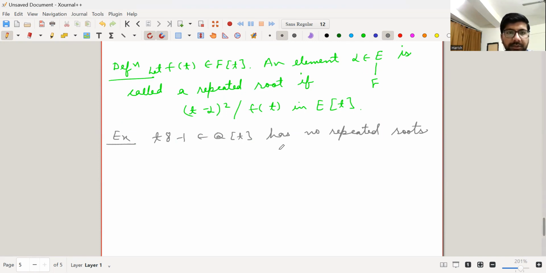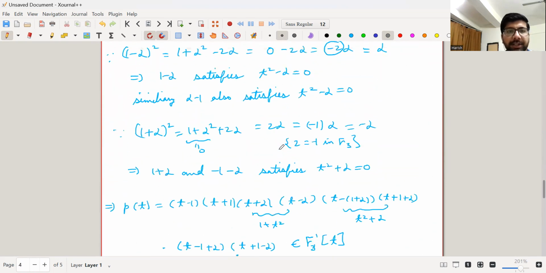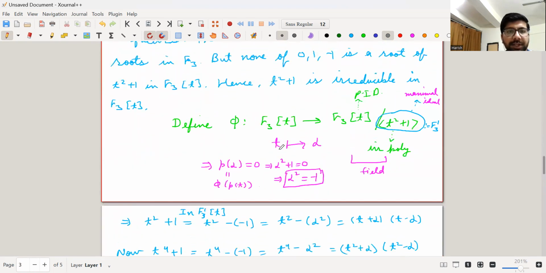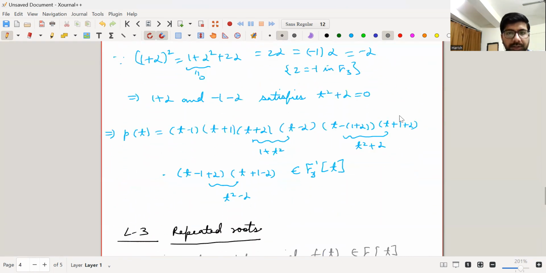Because we factorize it in linear polynomials, but we didn't get a repeated root, right? We factorize it even in a smaller field, that is F3[t]. So how was it factorizing? It was factorizing like that. So it has no repeated root, right? You can see. Yes, sir.